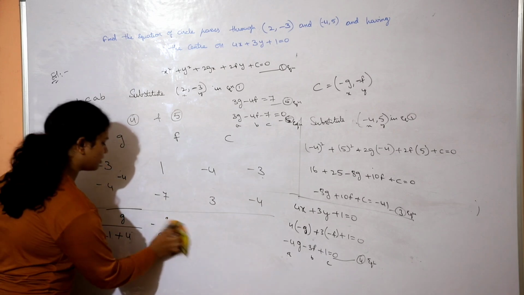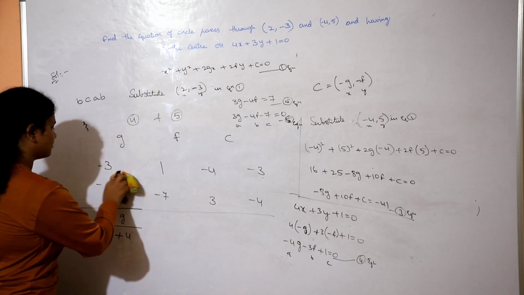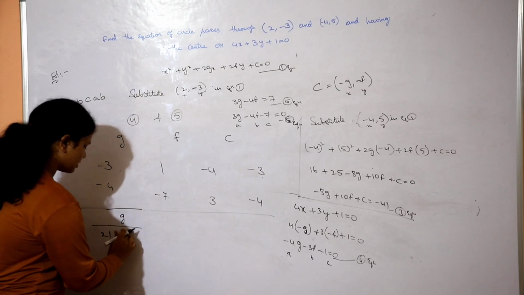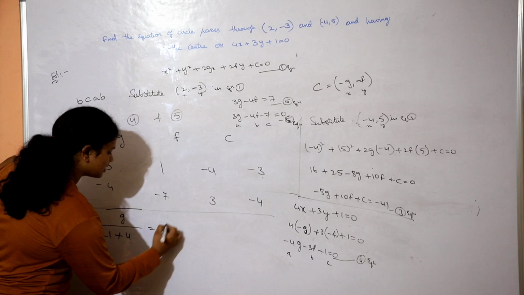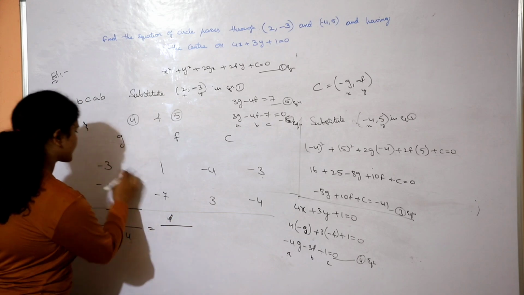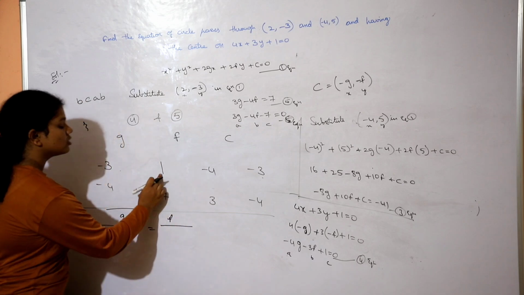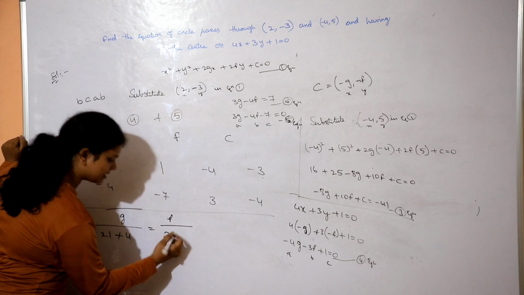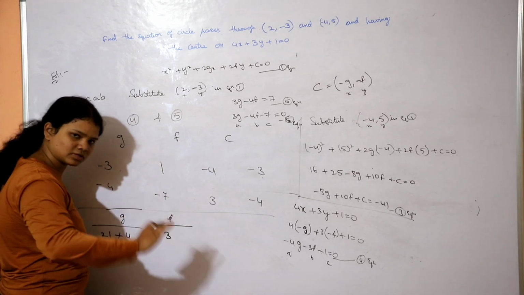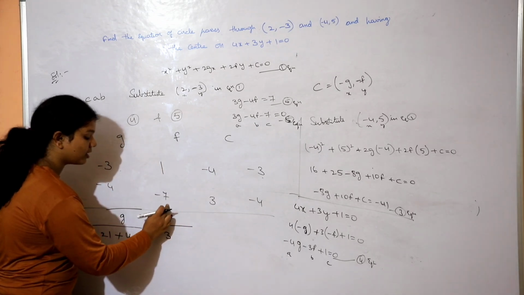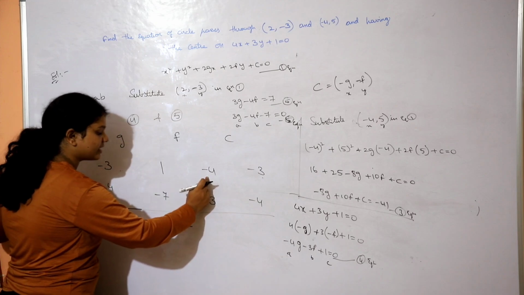Let me go for the other one, for a better understanding. As I keep on solving, you'll get to know. Which is equal to f by 1. So 1 into 3 is 3, plus 3, because you will be having a plus sign. Now coming back to here, 7 4s are 28.